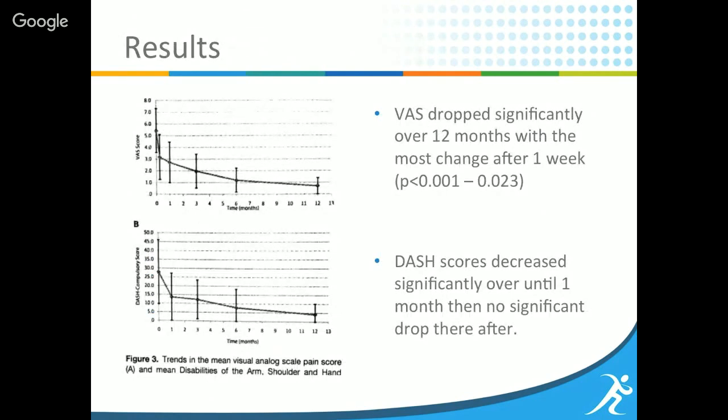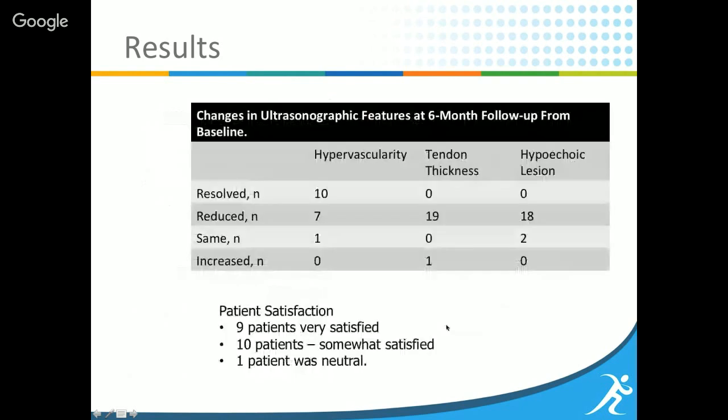In terms of pain, their pain dropped significantly over 12 months, with their pain improving most significantly in the first several weeks, and it continued to stay low throughout the year. Their DASH scores, or disability of arm, shoulder, and hand score, also improved with the use of the 10x FAST procedure.